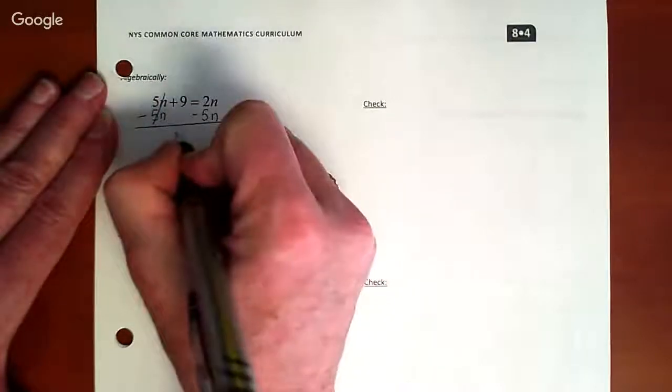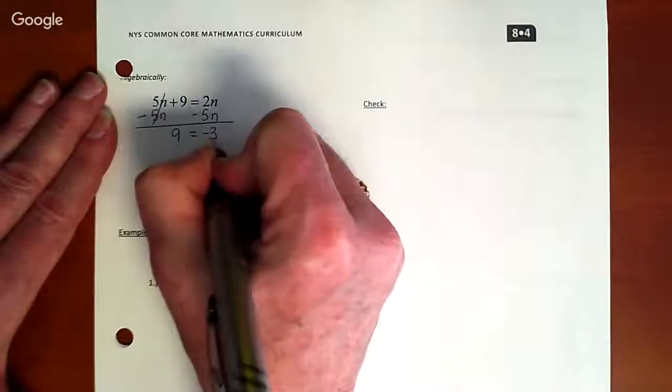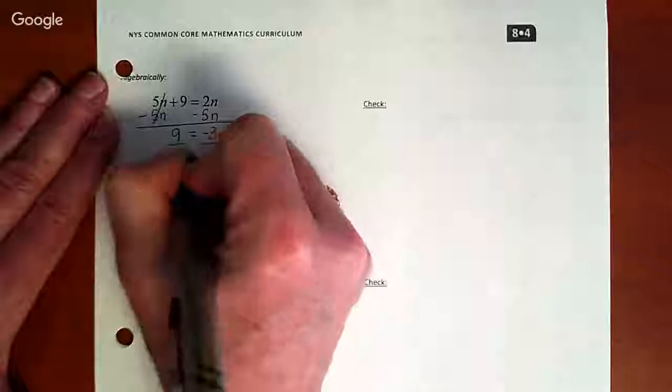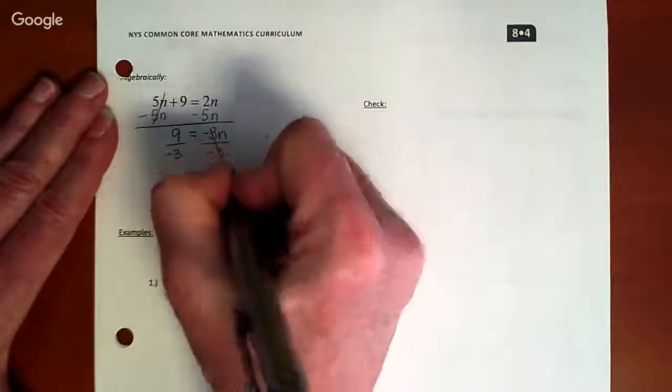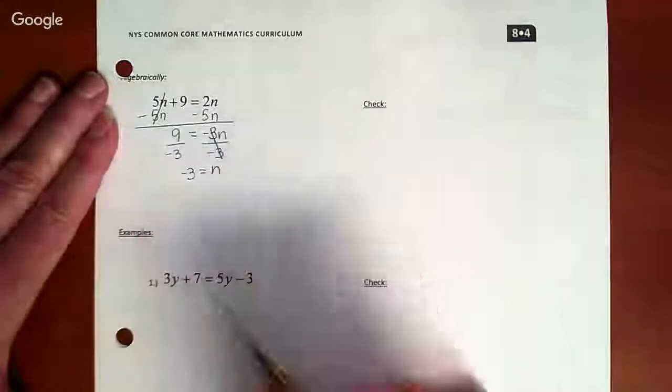When we do that, I have 9 on this side. On the other side, I have a negative 3n. I can then divide both sides by negative 3, and therefore n equals negative 3.